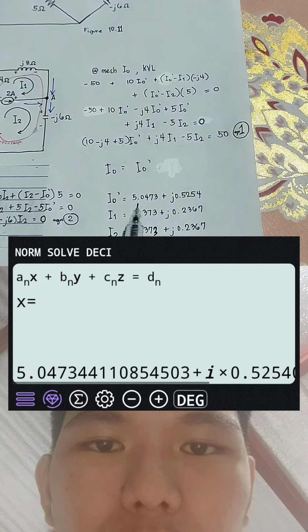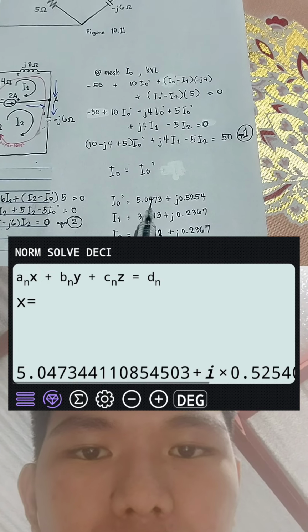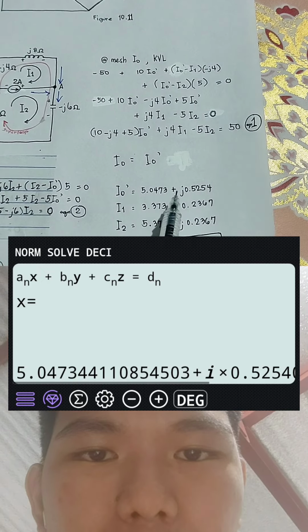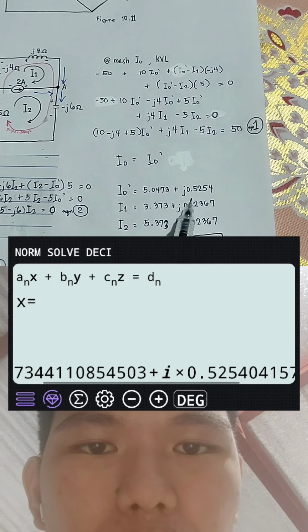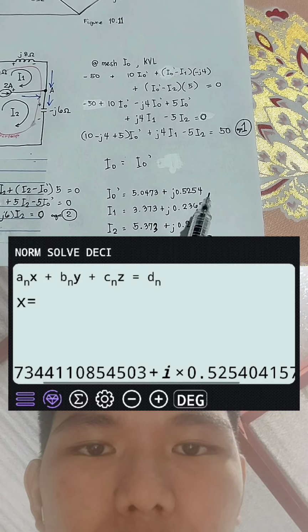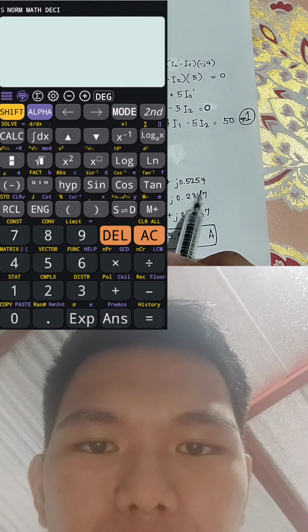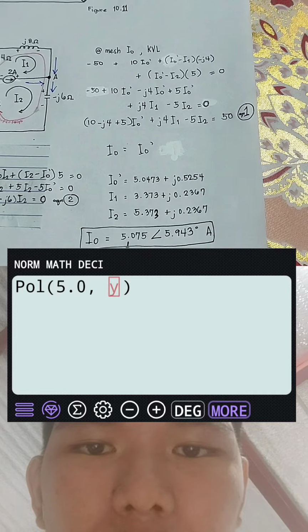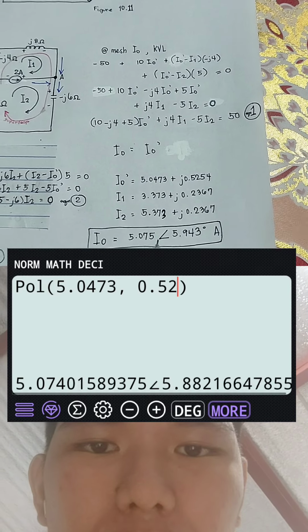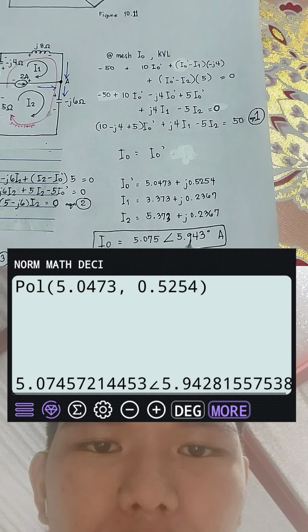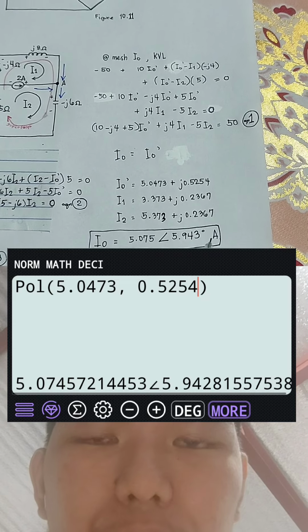Io is equal to 5.0473 plus j0.5254, or we can convert it to its polar form, 5.075 ∠ 5.943 degrees ampere.